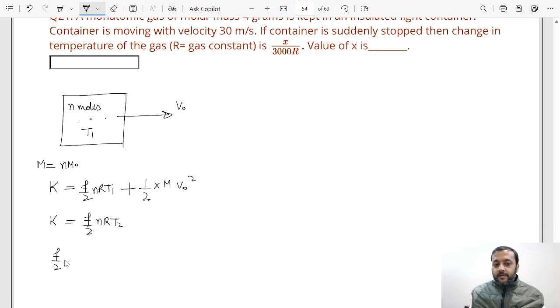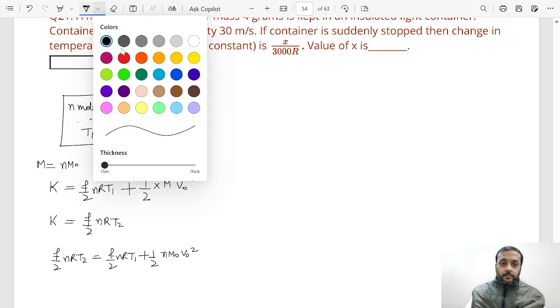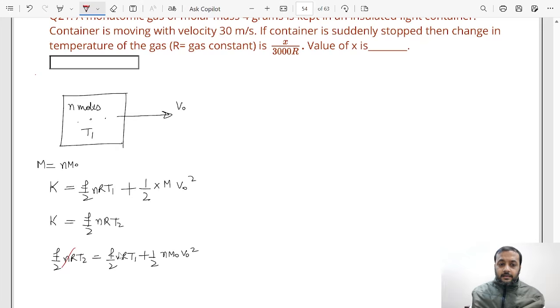So F by 2 nRT2 is equal to F by 2 nRT1 plus half into m, where m is equal to n M naught, into v naught square. From here, n and n cancel, 2 and 2 cancel, and F into R into (T2 minus T1), the rise in temperature, is equal to M naught into v naught square.